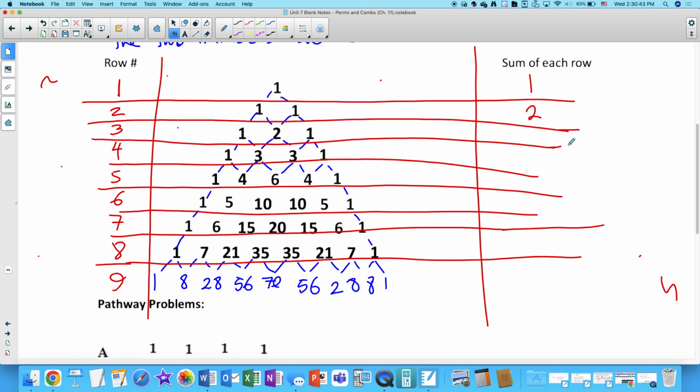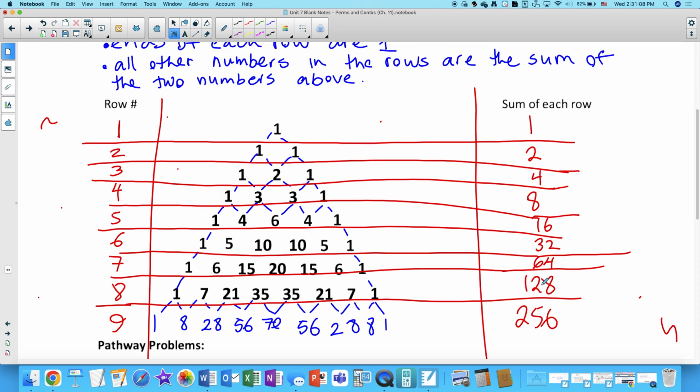Third row? 4. 8, yeah. Next? 16, yeah. So can you guys see a pattern here as well? What would the next one be? 32, 64, 128, 256. Okay, and these happen to be powers of 2.